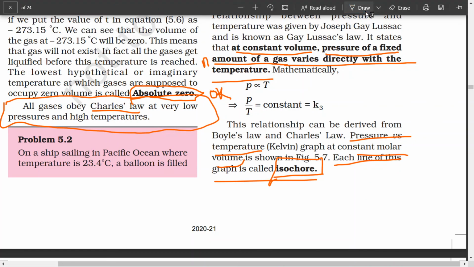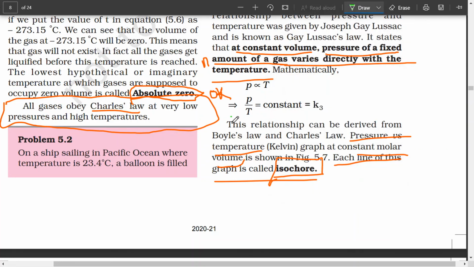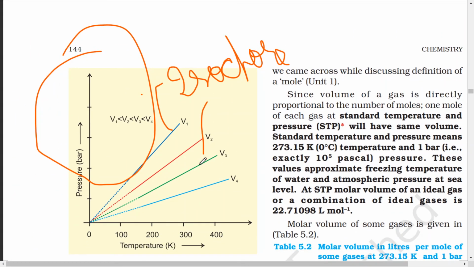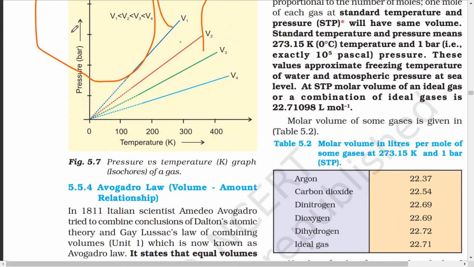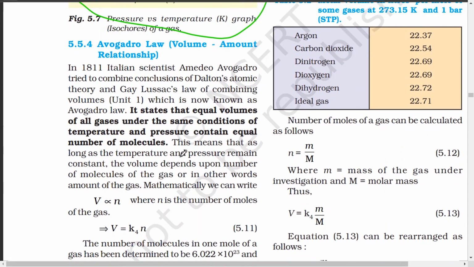If they ask how many isochores there are, here how many are there? 1, 2, 3, 4. There are 4. Some people will think that there's one complete graph, so only one, and they might write one.